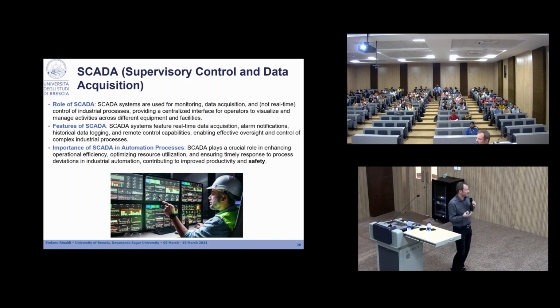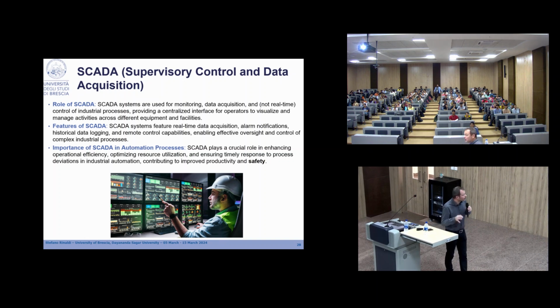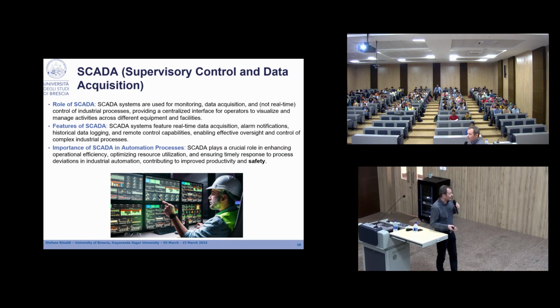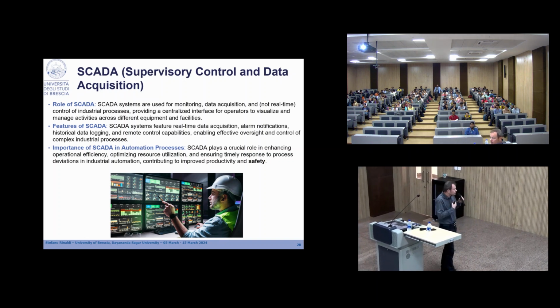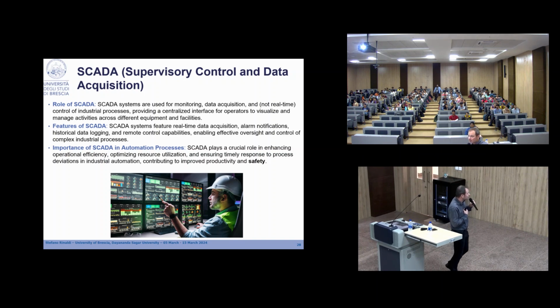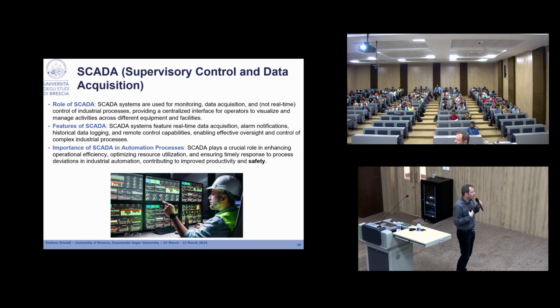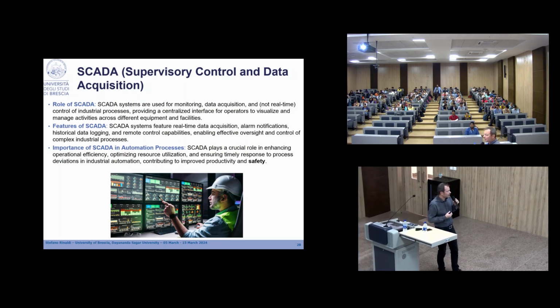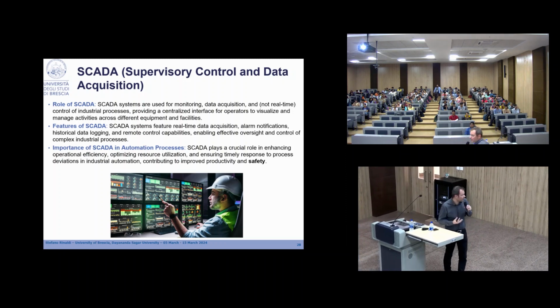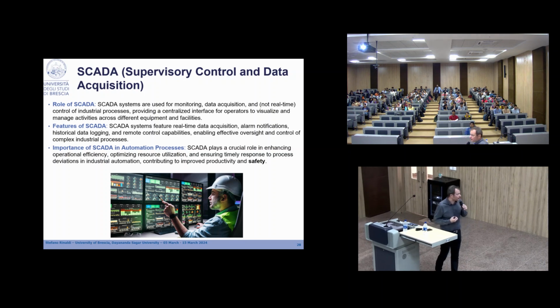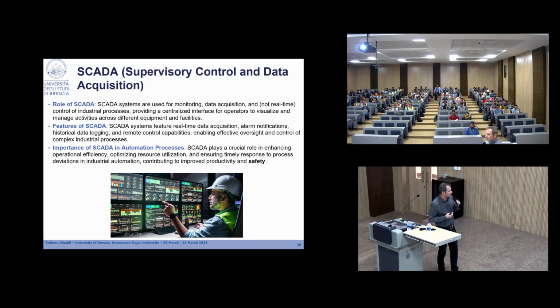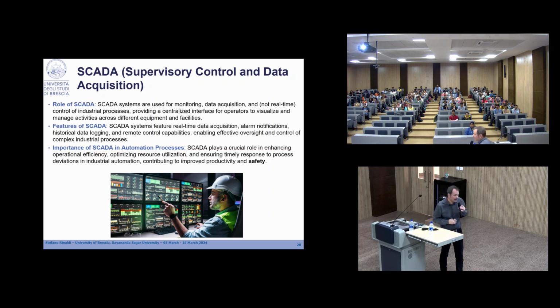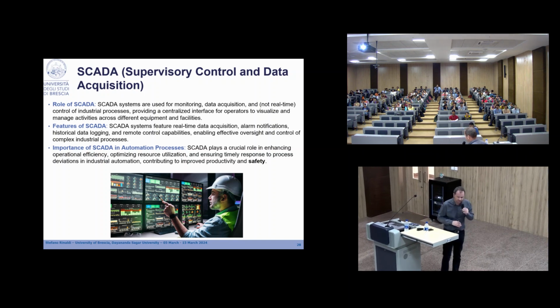The SCADA plays an important role in automation because using the data stored in the local database, it is possible for an operator, a human, to improve the efficiency of the plant, to optimize the resources, and to respond to any alert or event on the industrial plants.